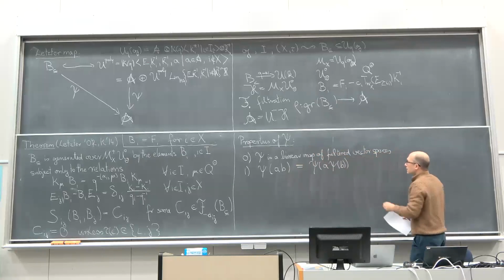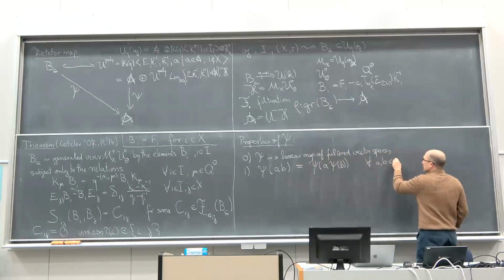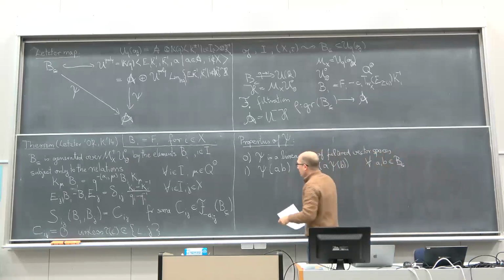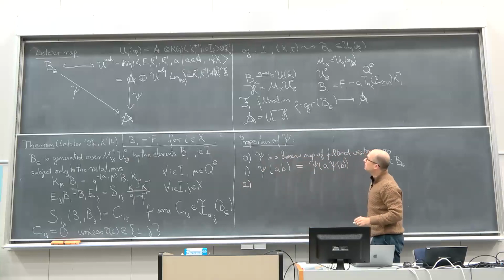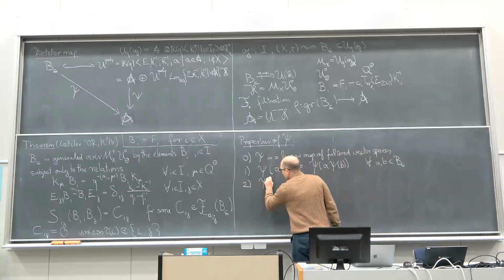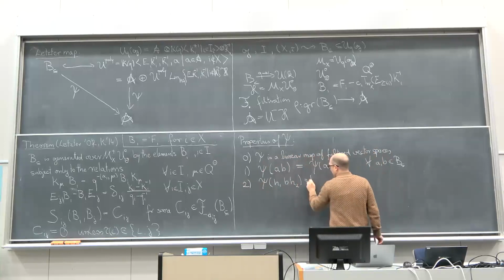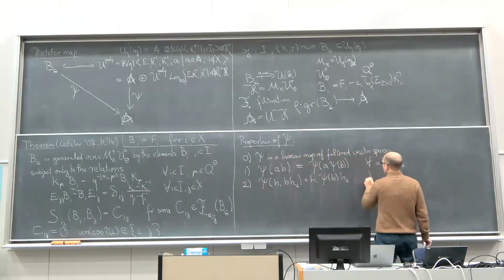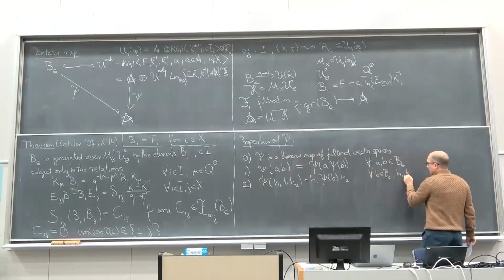So that is true for all A, B in B_C. And then this projection map psi is H bilinear. Again, that follows from the way it's defined. So psi of H1 B H2 is H1 psi of B H2 for all B in B_C, H1, H2 in H.